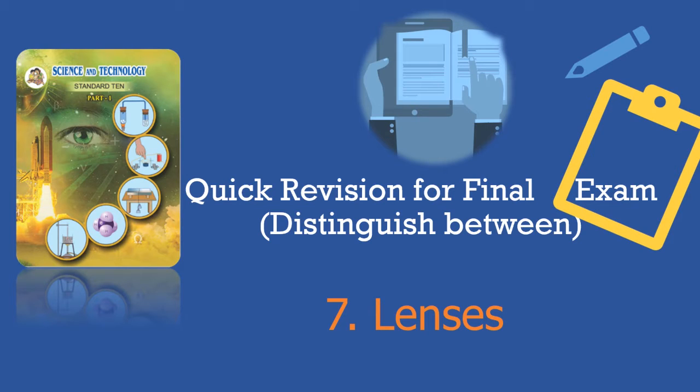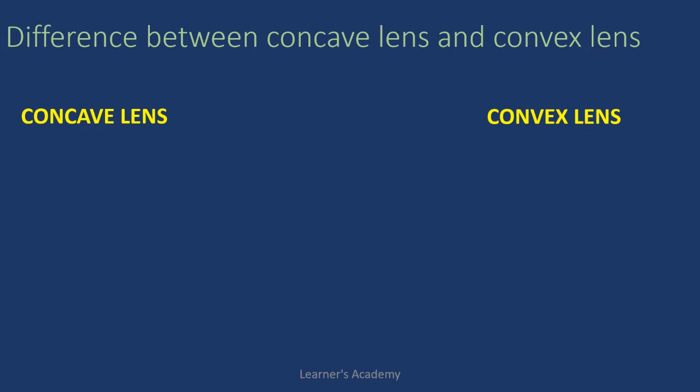Let's get started now. Let us understand the difference between a convex lens and a concave lens. This topic has been covered in the 9th grade books also, but still I'm going to cover it again. It's very confusing to understand the difference between a convex lens and a concave lens. So how do we understand? We have this word cave. Cave is something which is like this. For example, this is a cave.